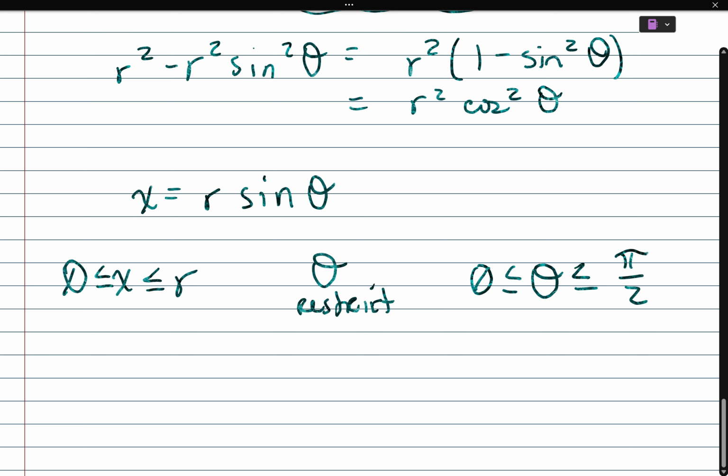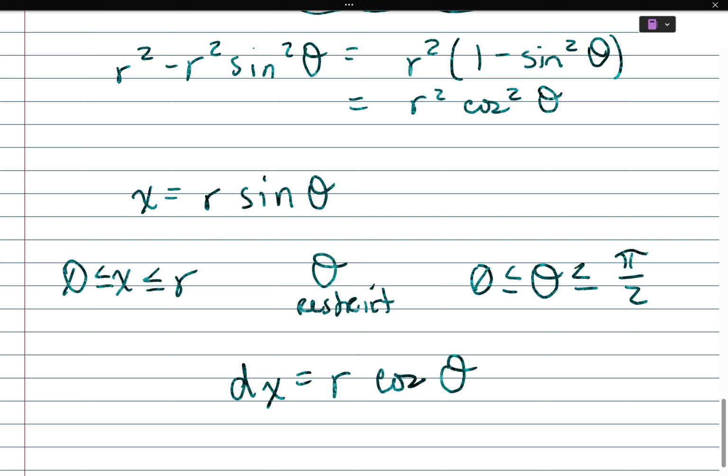So we have x is equal to r sine theta. Now if we find dx, it is r cosine theta with respect to theta.